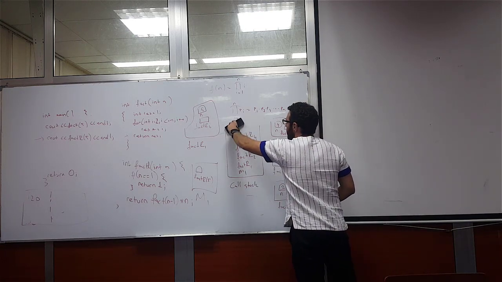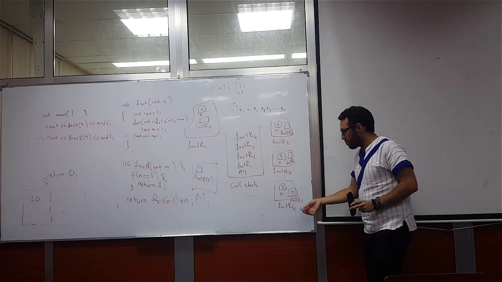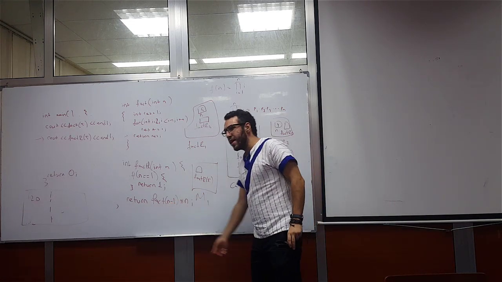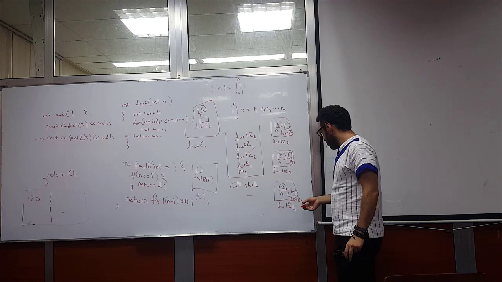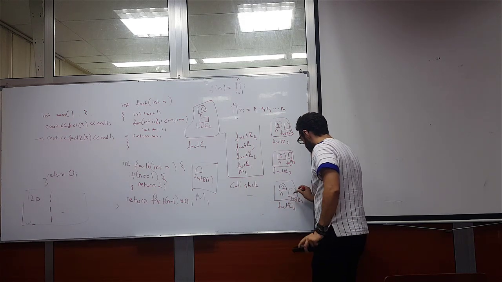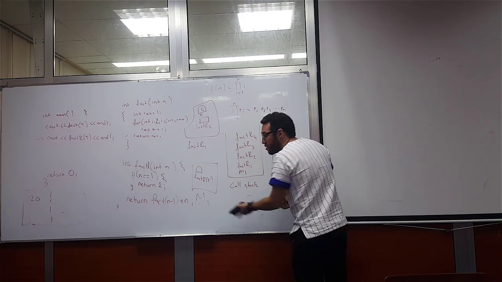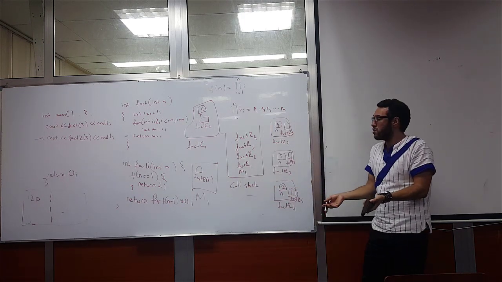And now we are done with fact R5 in the call stack. So we are back to the return statement. Sorry, this was not 5, this was 1. 1 is returned. So now we can continue with the execution because the value is calculated.